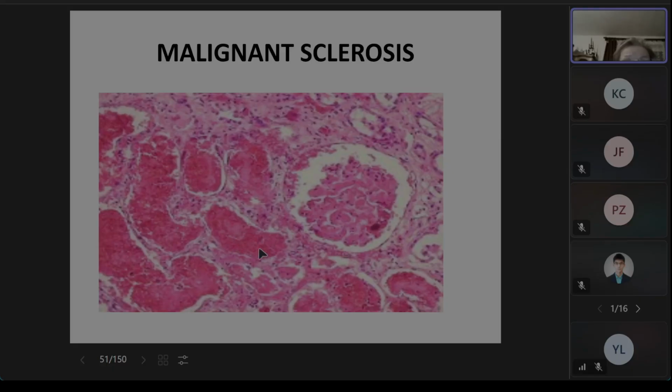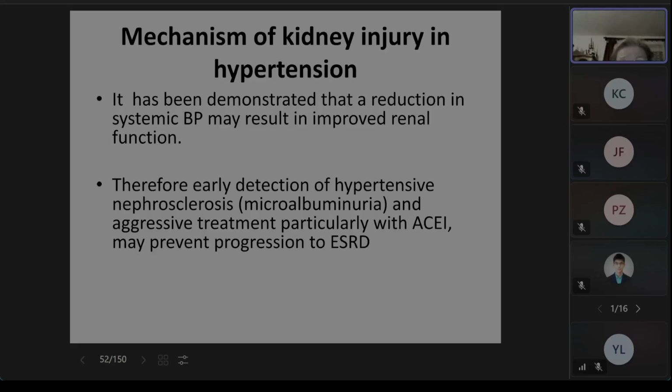On the next slide, you can see changes observed in the glomeruli. You can here see the sclerotization of the glomeruli. Here is, let's say, one good glomerulus. And unfortunately, this is a type of malignant sclerosis, which can lead to a hypertension, which is very, very high in fact.